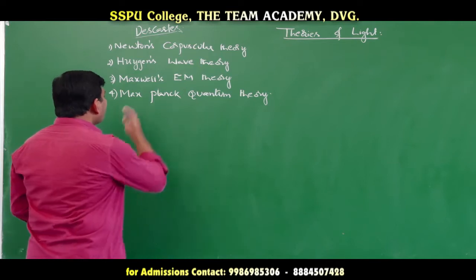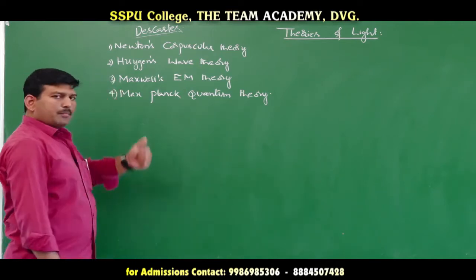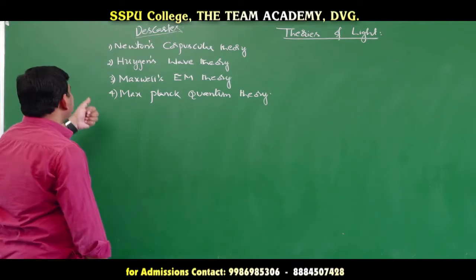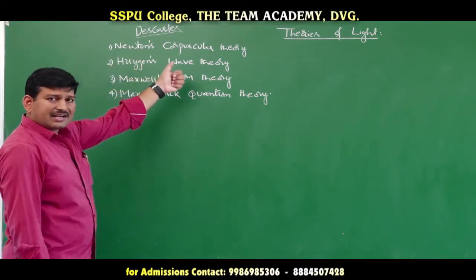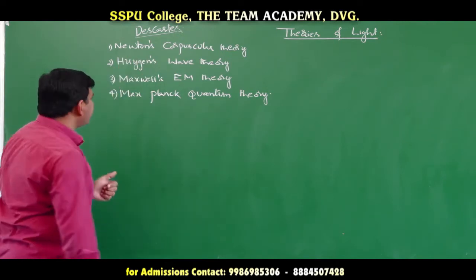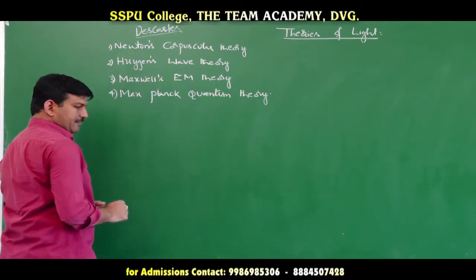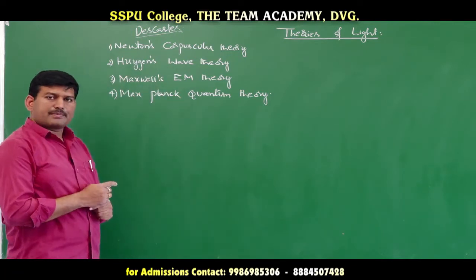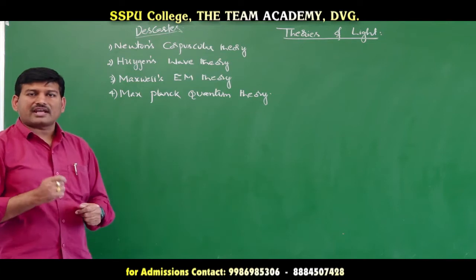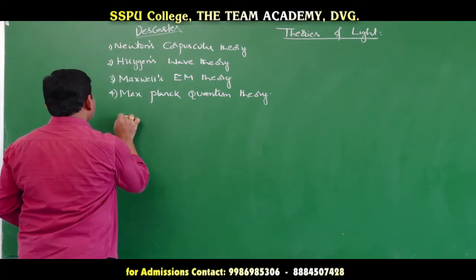Now, what is Newton's corpuscular theory going to say? It was proposed by Descartes and developed by Newton, hence the name. According to Newton's corpuscular theory, light consists of tiny particles called corpuscles. This is the first theory I am explaining here.